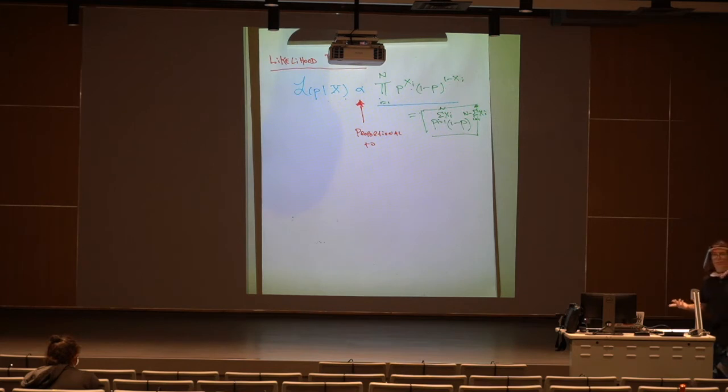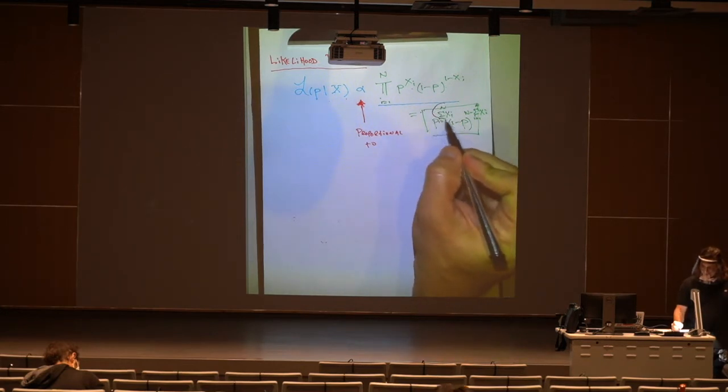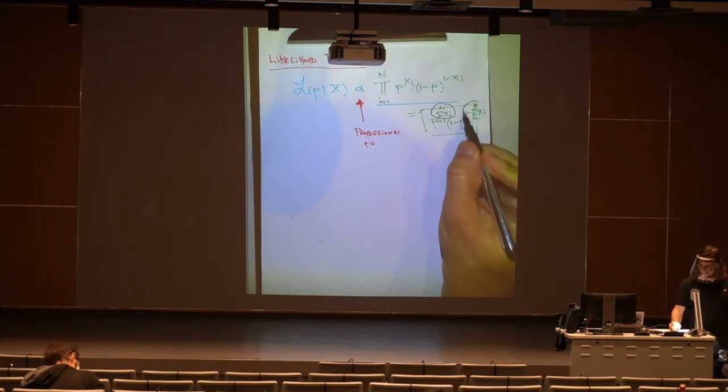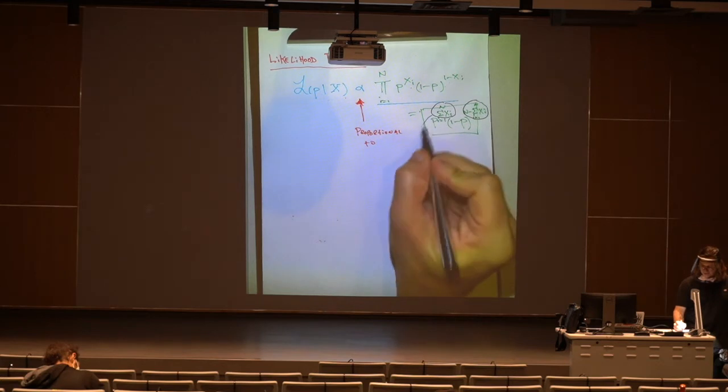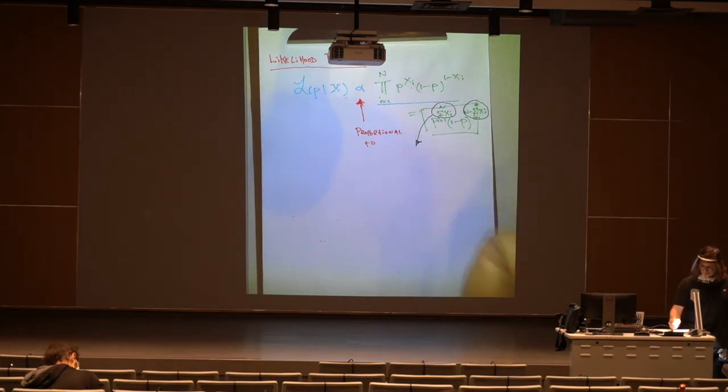Just when I brought it through, the exponents add. That's all it's saying. So these xi's are either 1s or 0s. So this sum up here is counting the number of successes, and this is counting the number of failures. So let me just rewrite that.